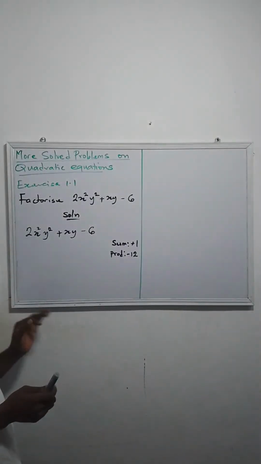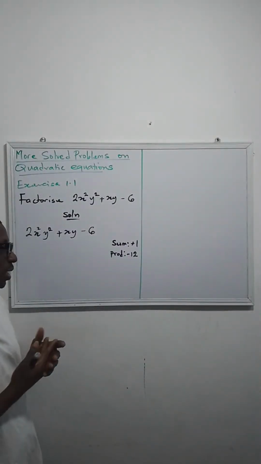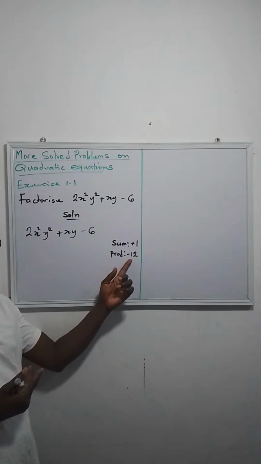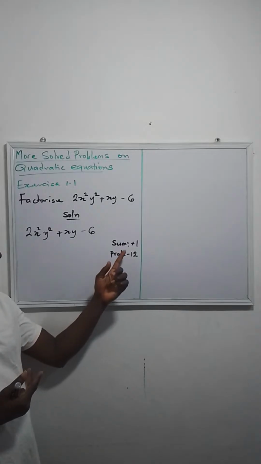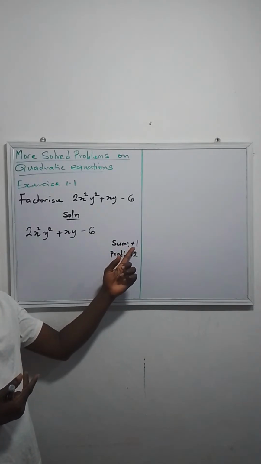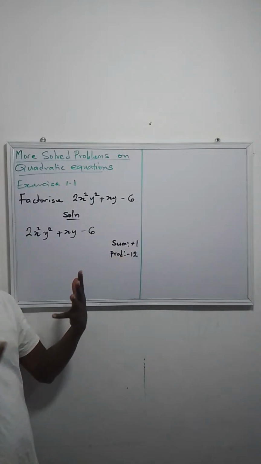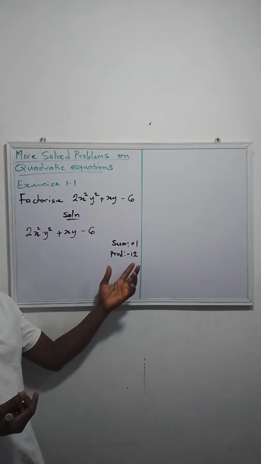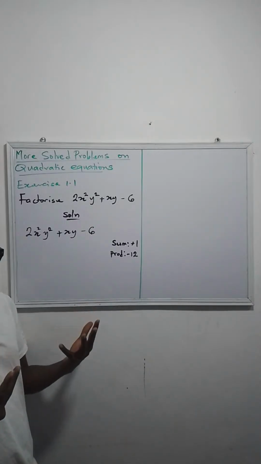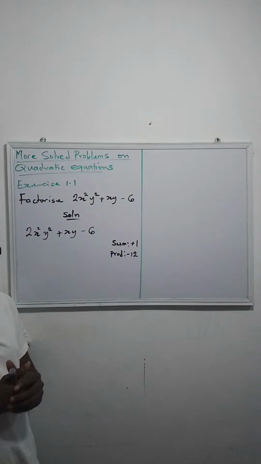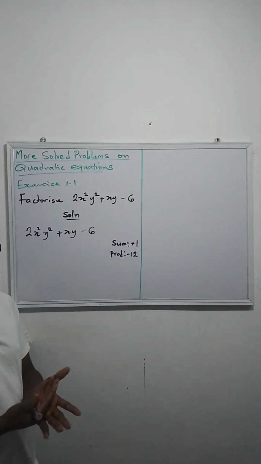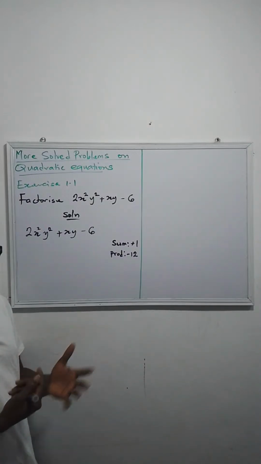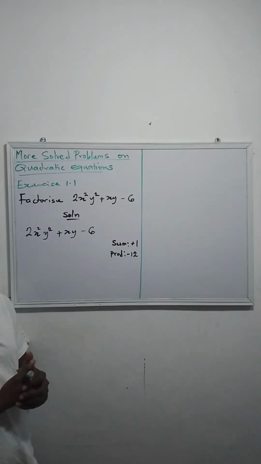Now we need two numbers such that when we multiply together, you have negative 12, and when you add together, you have positive 1. The two numbers are factors of the product, so you begin to think of factors of negative 12. We have plus or minus 1, plus or minus 2, plus or minus 3, plus or minus 4, plus or minus 6, and plus or minus 12.